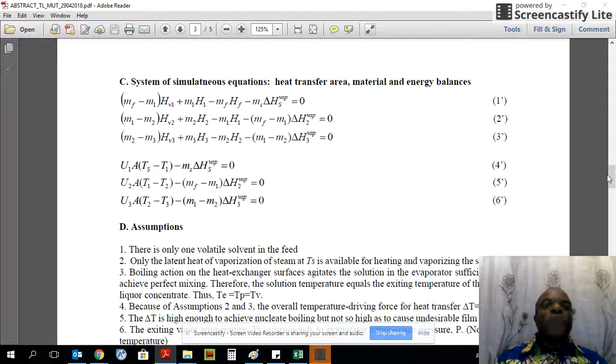Number two, the method is based on the fact that instead of finding the thermophysical properties of water, which is the solvent, using a steam table, we are going to use some correlations, and those correlations will contain some of the unknowns of our problem.